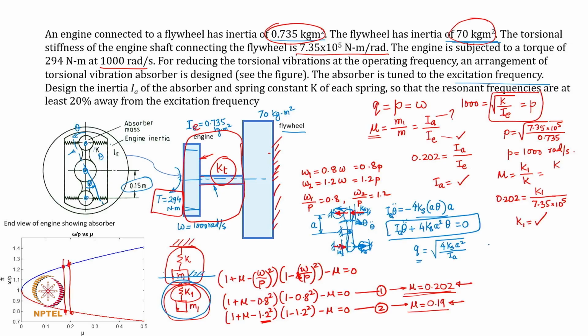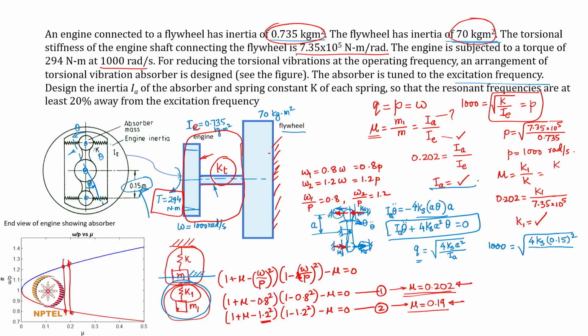We already know that it should be 1000 radians per second, equal to P or equal to omega. Now if I equate this to the square root of 4 Ks, which is not known, A is already given as 0.15, please see this one, divided by IA.